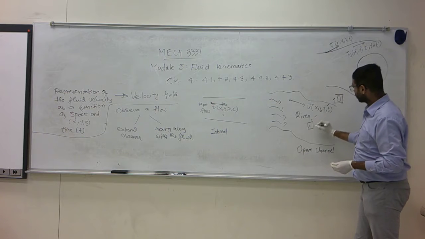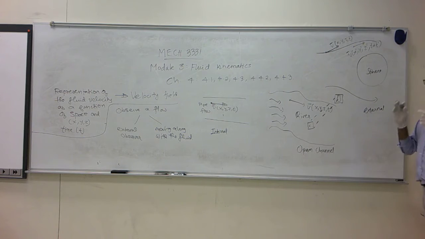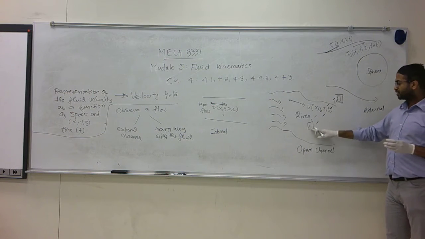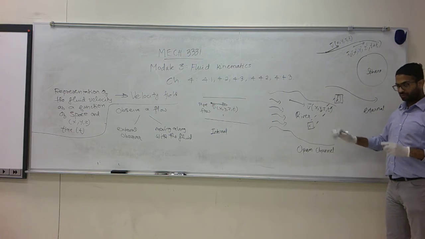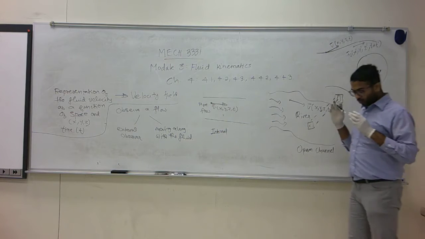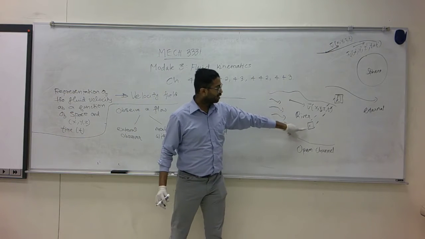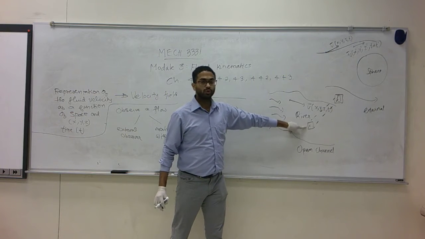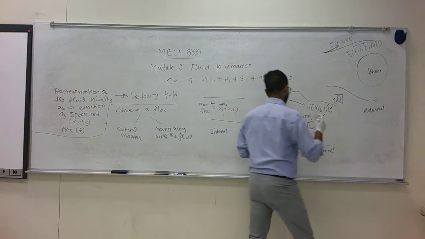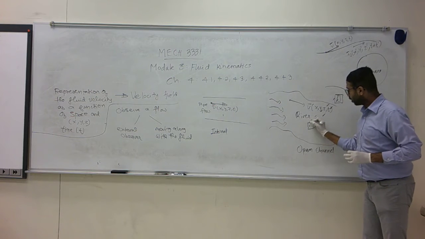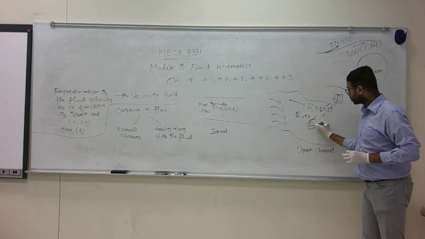We are just gazing at this area of the river. What is of interest to us is only the water that flows through this volume. I said area, but what it really is, is a volume. Let's say we choose a volume here.